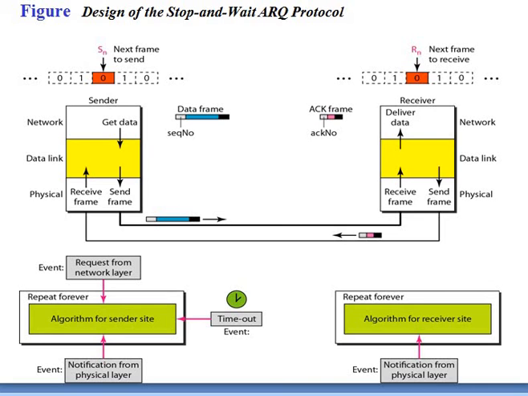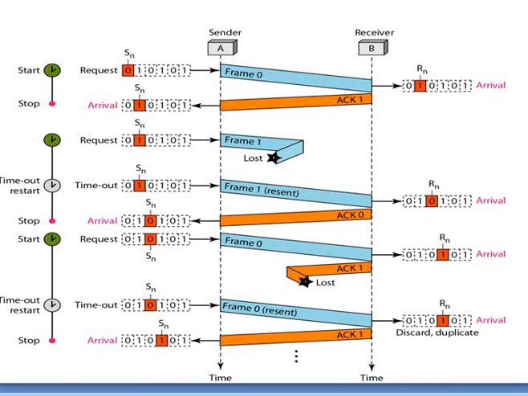Next, let's see an example over here. The figure shows an example of stop and wait ARQ. Frame 0 is sent and acknowledged. Frame 1 is lost within the path and resent after the timeout. The resent frame 1 is acknowledged and the timer stops.